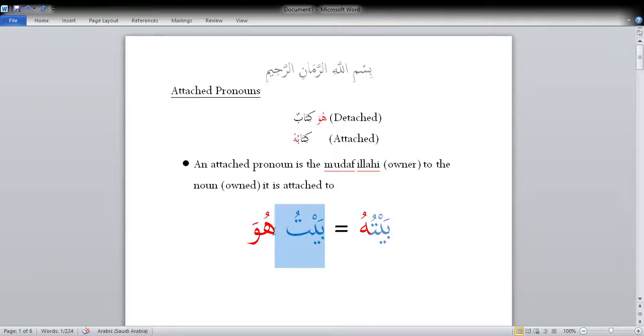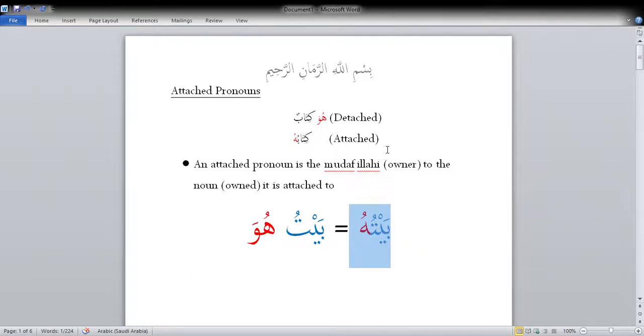And it's not going to become huwi, because as we know, mudaf ilayhi, the sign of its ownership is that it takes a kasra. Kitabullah. It's not going to be huwi because it's fixed. Huwa never changes, right? Its state has changed, but its appearance hasn't. But you won't see it like this. It will look like this. Baytuhu, his book. Make sense, guys?